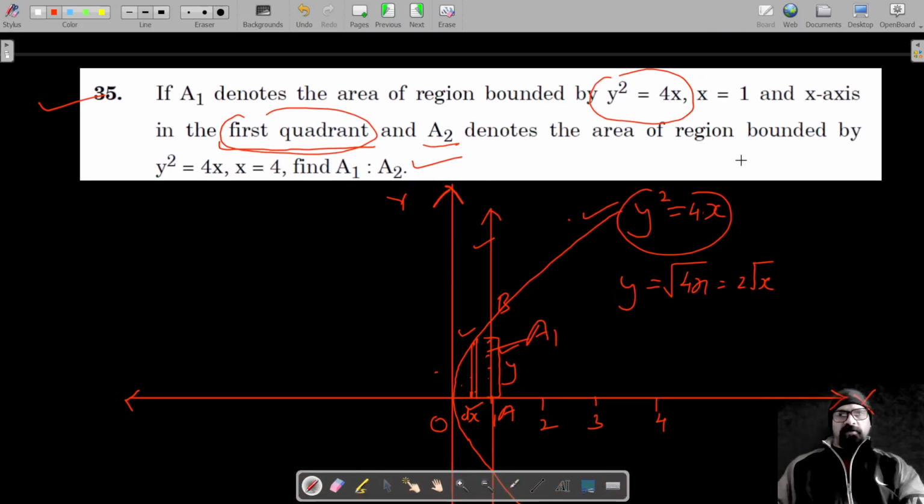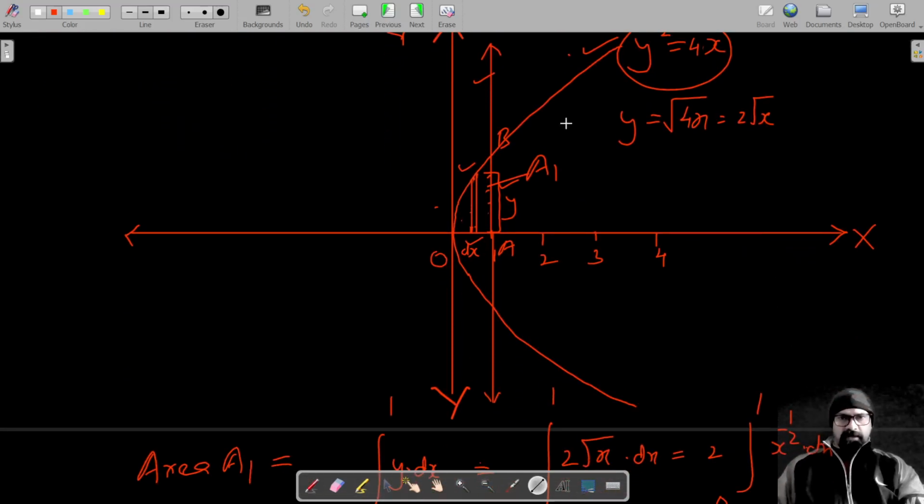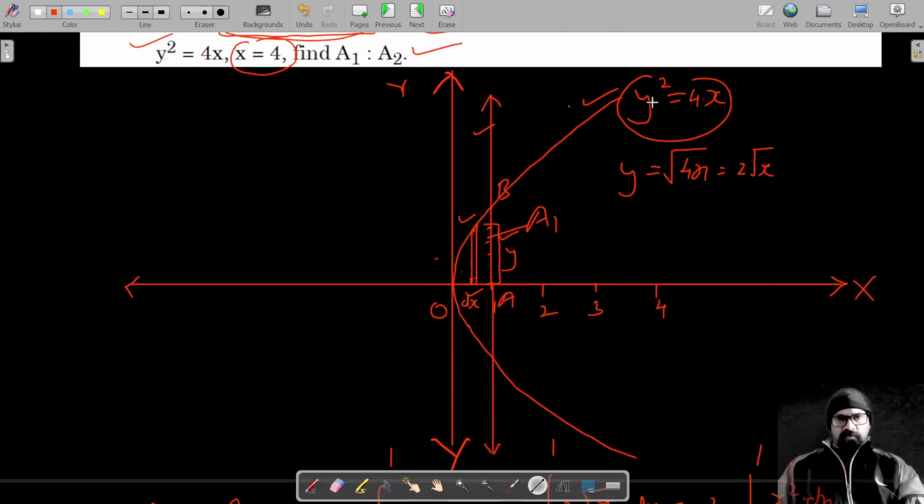Now A2 denotes the area of the region bounded by the same parabola but between x is equal to 4, and it's not confined to the first quadrant. So this is x is equal to 4.